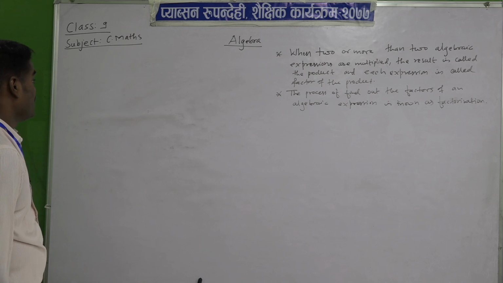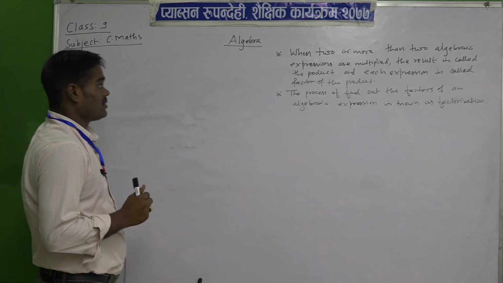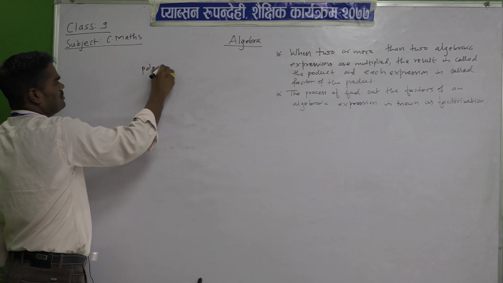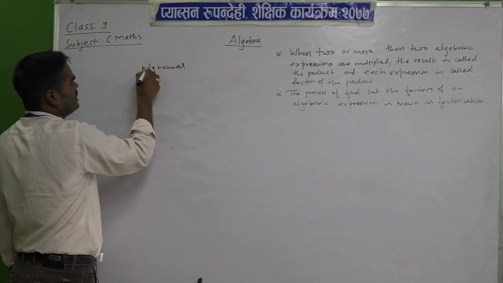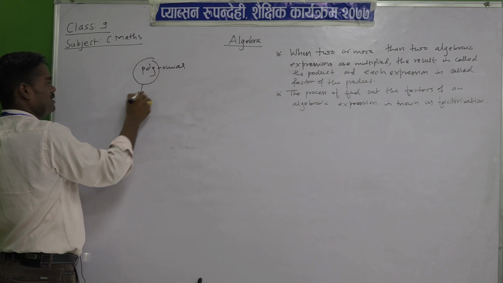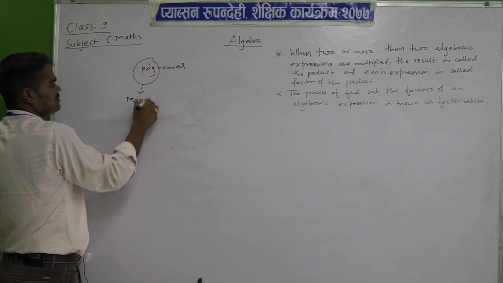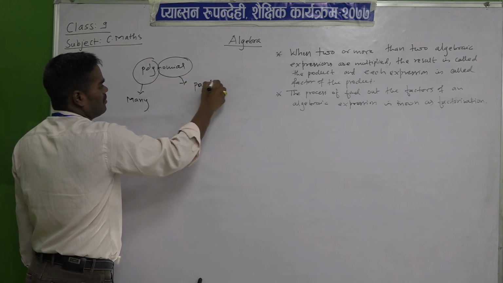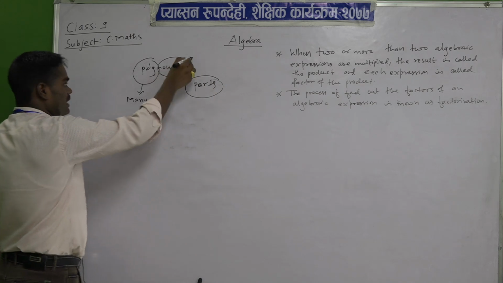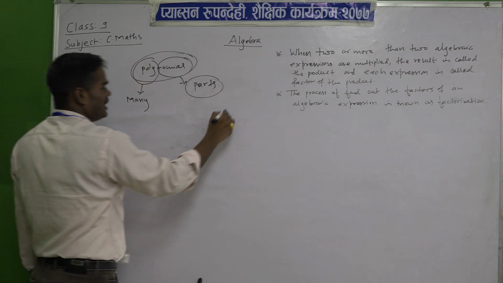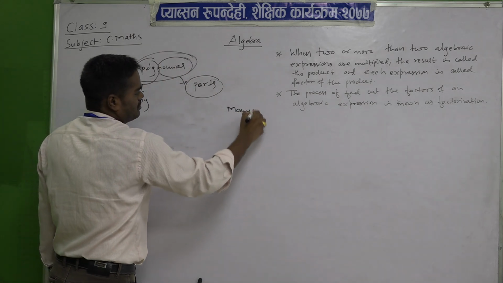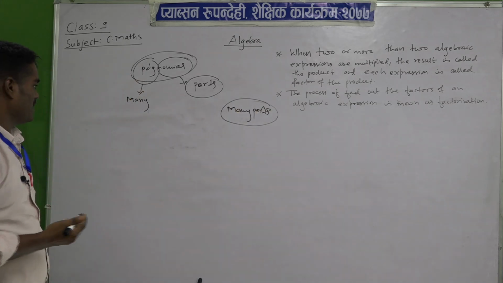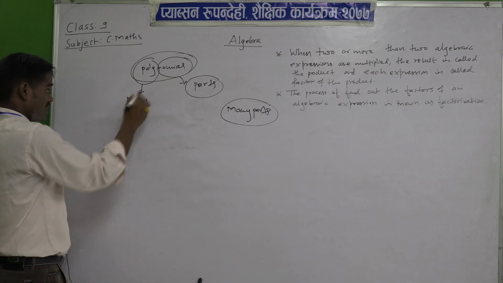Now let us see a little bit about polynomials. Poly means what? Many. And nomial means what? Parts. So the name polynomial means many parts.